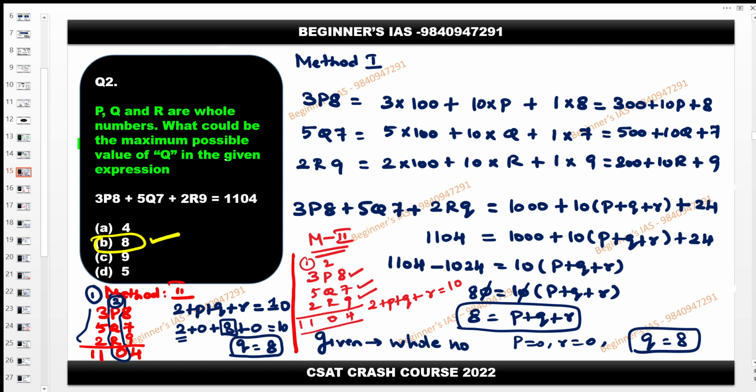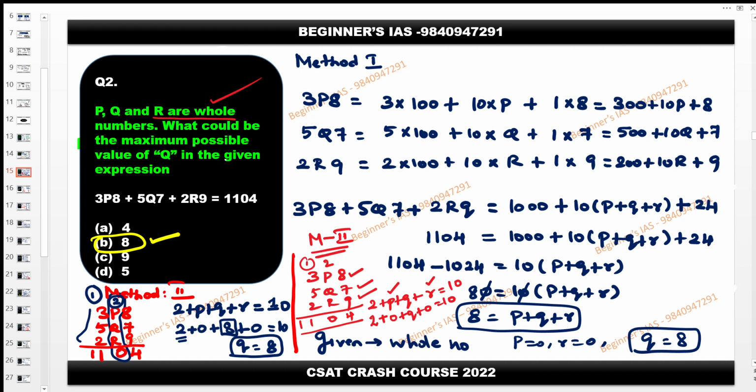Now the question is dealing with the maximum possible value of Q. Then what you need to do is put a minimum value. Since P and R are whole numbers, and whole numbers contain 0 also, substitute 0 in the place of P and R. So, listen carefully now. 2 plus 0 plus Q plus 0 is equal to 10.